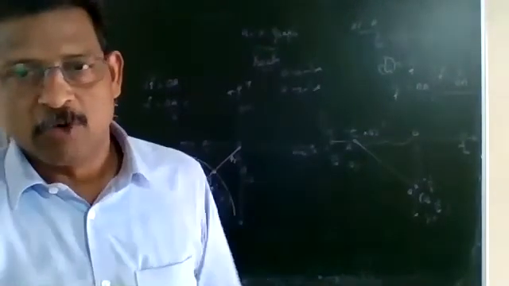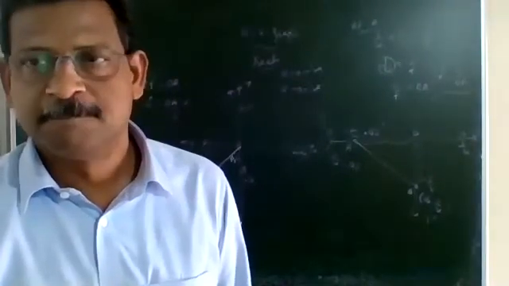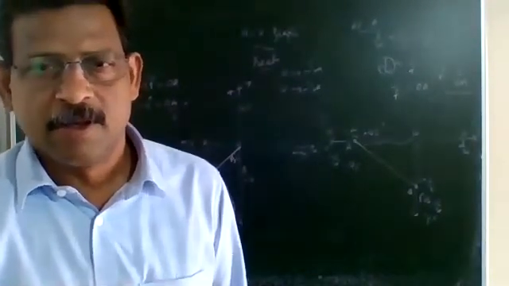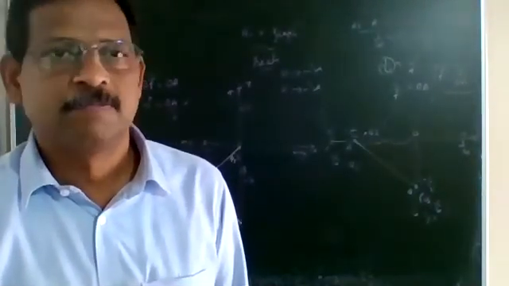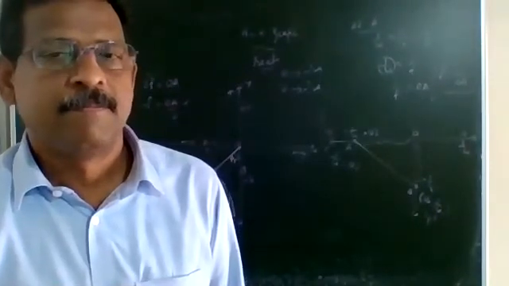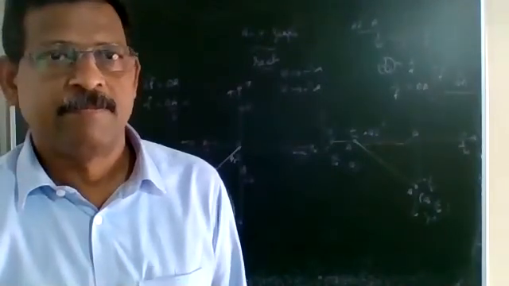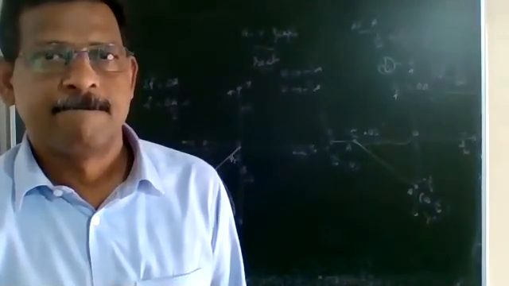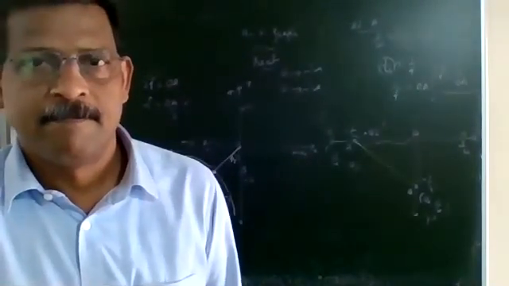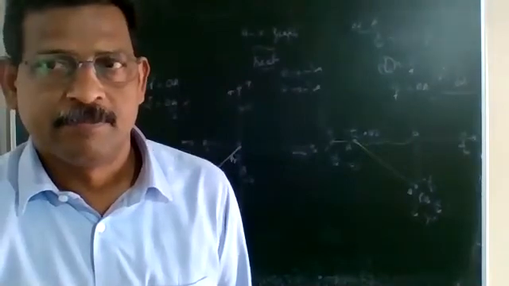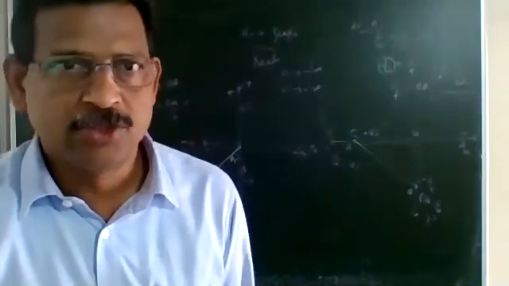When you plot the graph, point A corresponds to 0.02. So what is the focal length? 1 upon 0.02. Angel, give the answer.